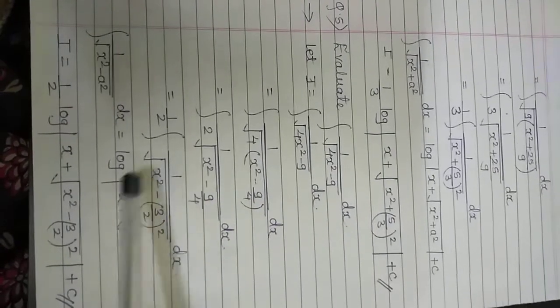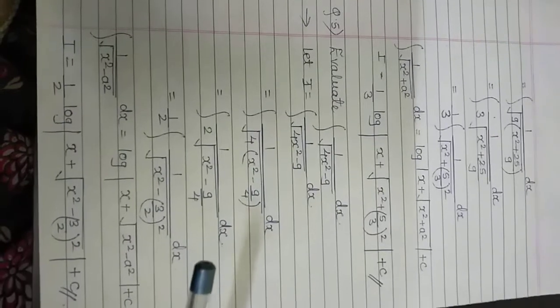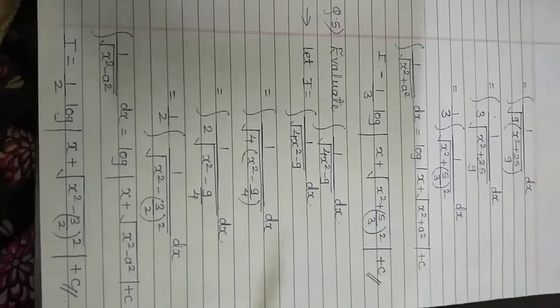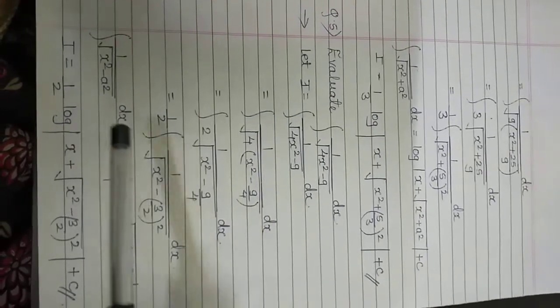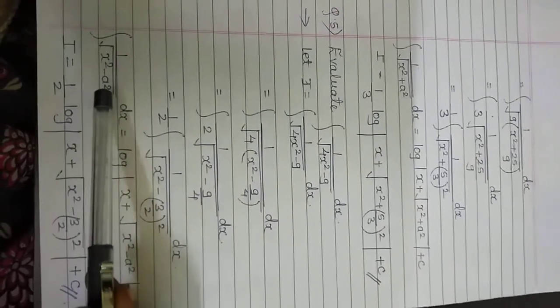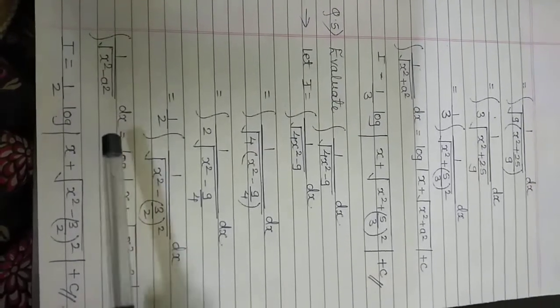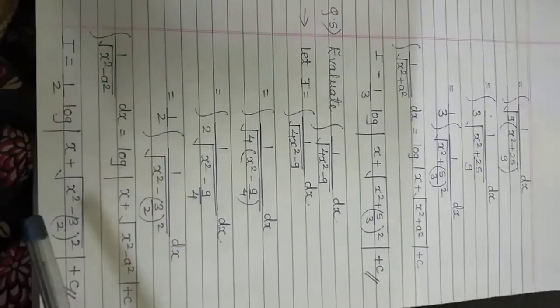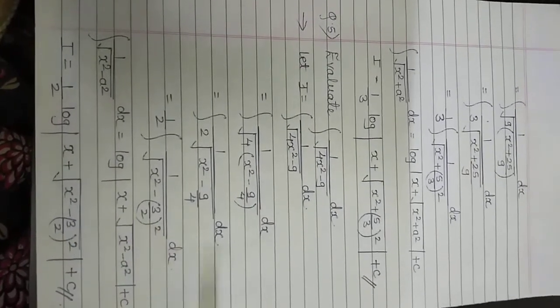Now this is in the form of integration of 1 upon root of x square minus a square, where the value of a is 3 by 2. So by using one more result, that is integration of 1 upon root of x square minus a square dx as log mod x plus under root x square minus a square plus c.